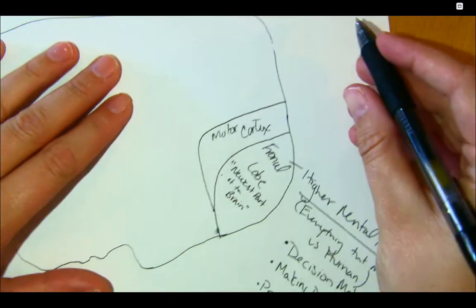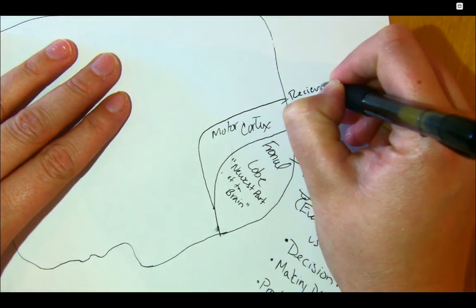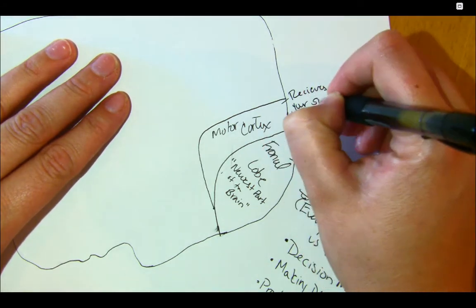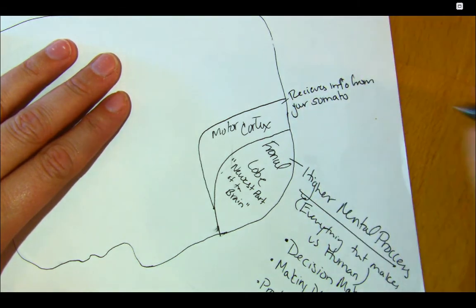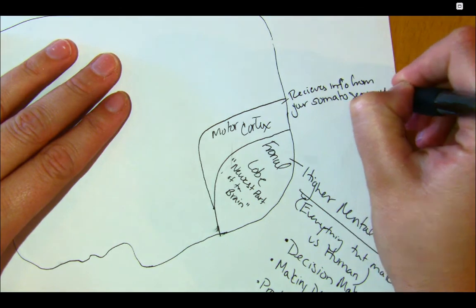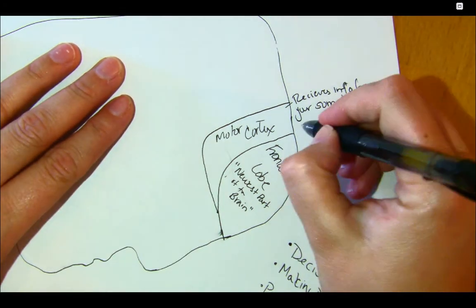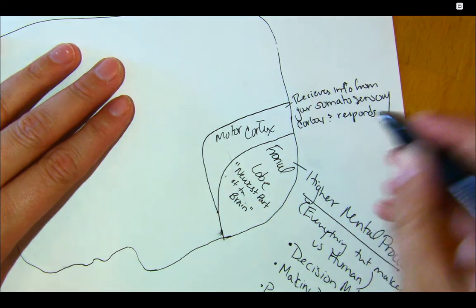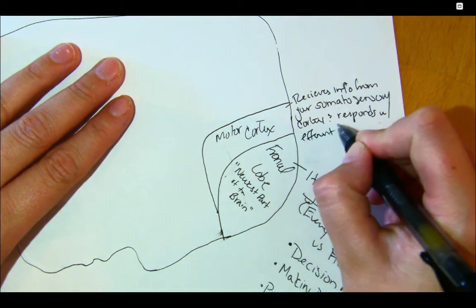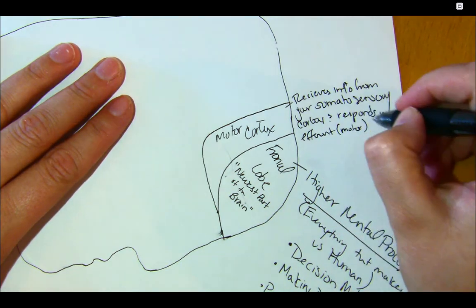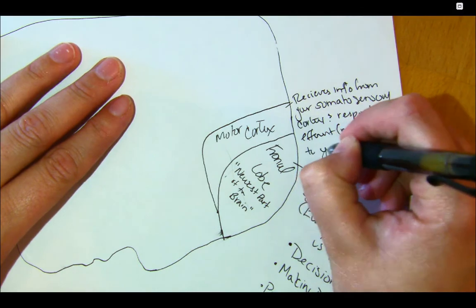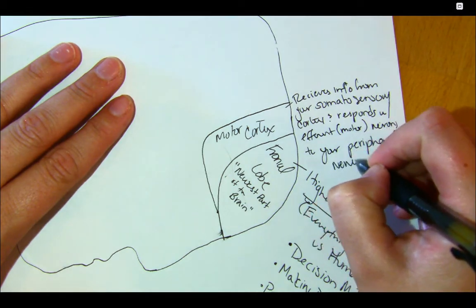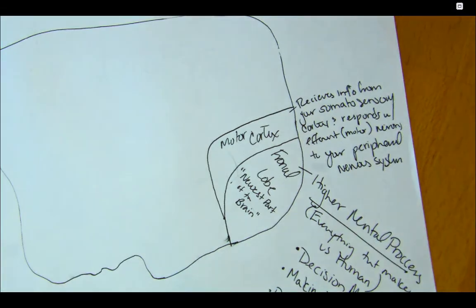Your motor cortex receives info from your somatosensory cortex and responds with efferent (motor) neurons to your peripheral nervous system. Okay, so your motor cortex is going to receive information.